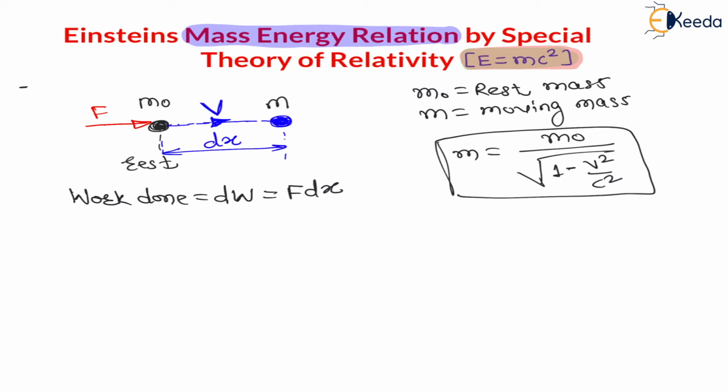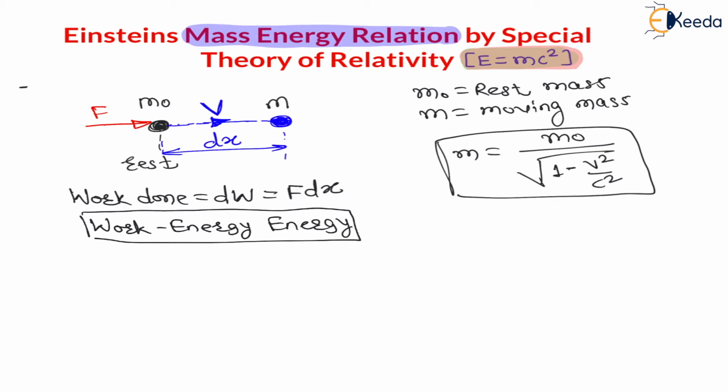And my dear students, we know that as per the work energy principle from mechanics, which you might have learned in physics 1, work can be converted into energy and energy can be converted into work. During motion, whenever there is a velocity, there is kinetic energy.